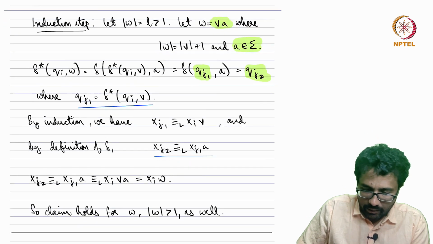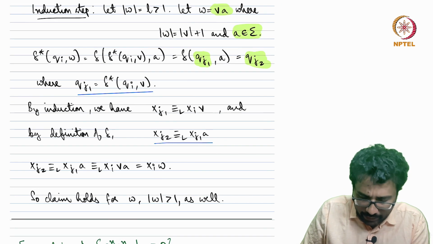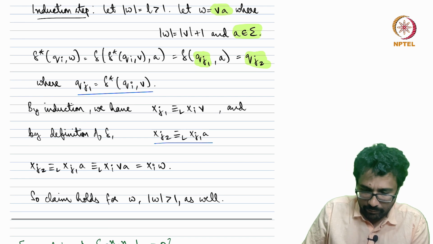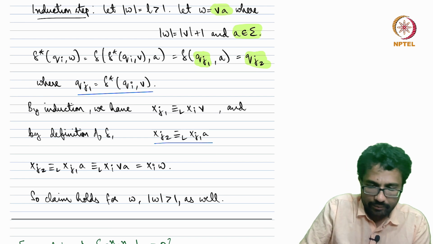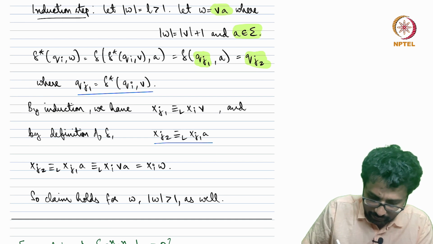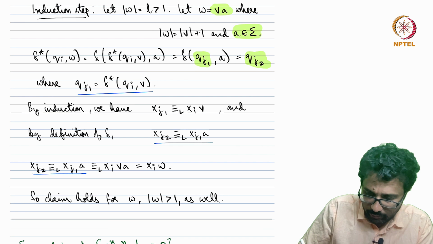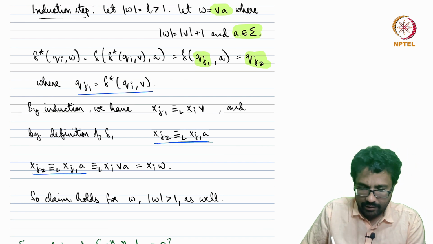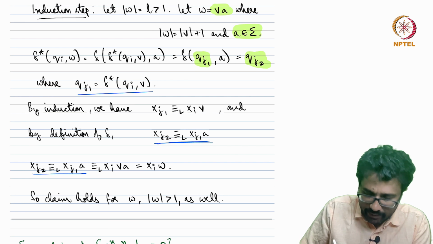So Xj2 is equivalent to Xj1 a by the first equivalence, and the second equivalence is that Xj1 is equivalent to Xi v.